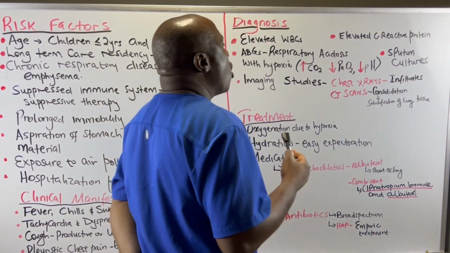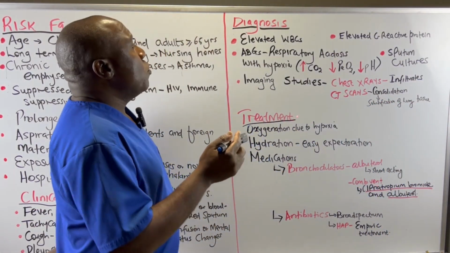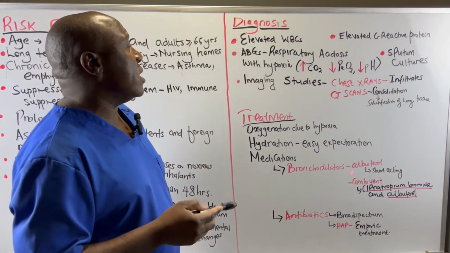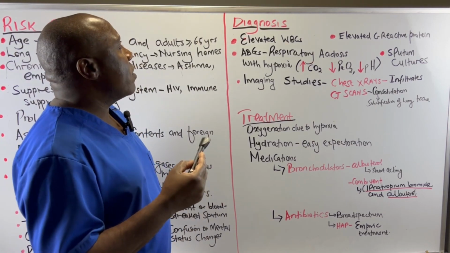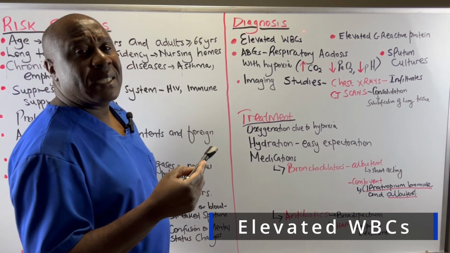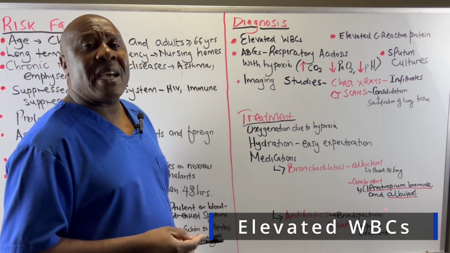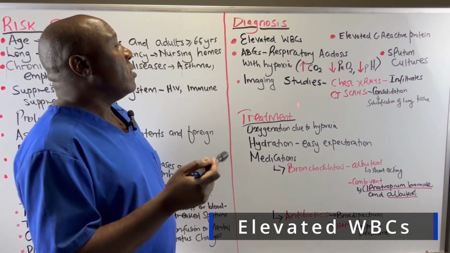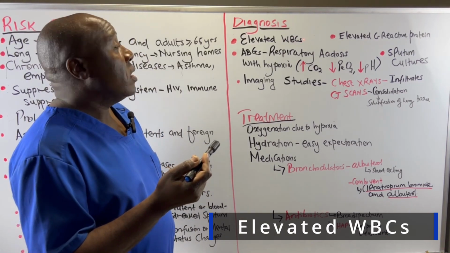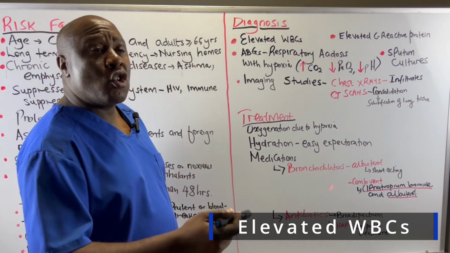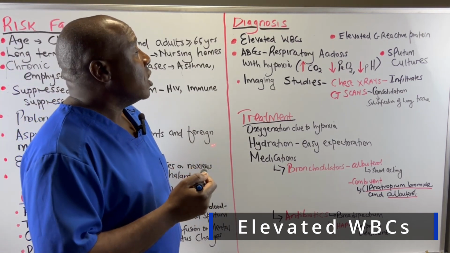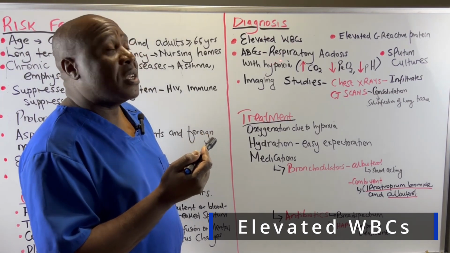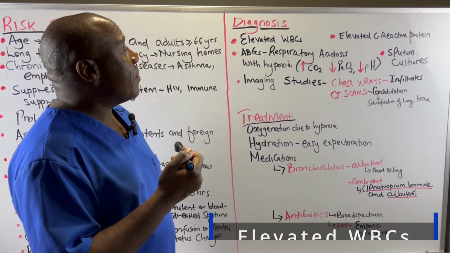So how do we diagnose pneumonia? Pneumonia can be diagnosed in a number of ways. For example, we may have a complete blood count and we have got elevated white blood cells. When the white blood cells are elevated in our system, that means that we have got infection. The number of white blood cells goes up so as to try and fight this particular pathogen. So elevated white blood cells are an indication that we have got this particular pneumonia.